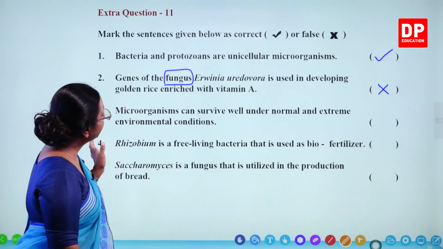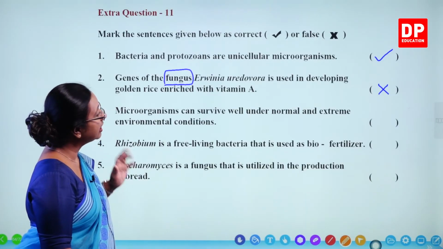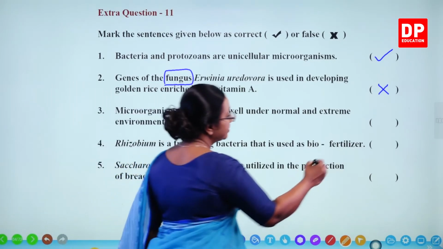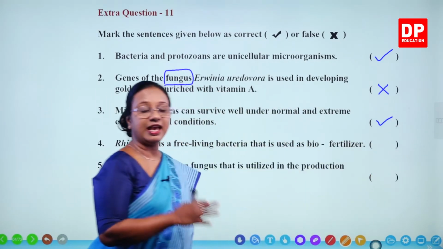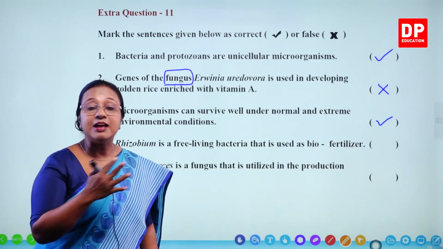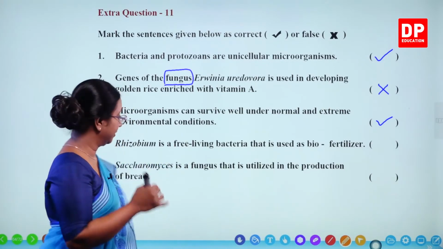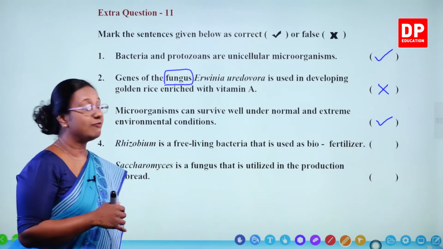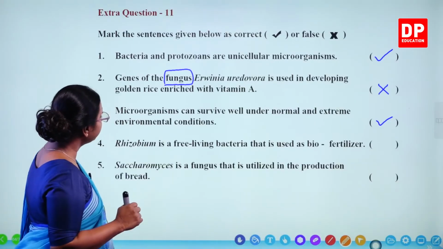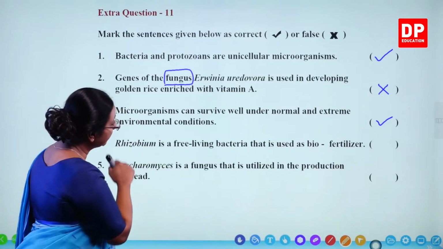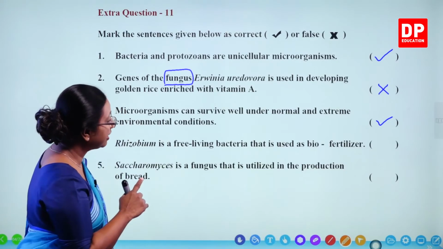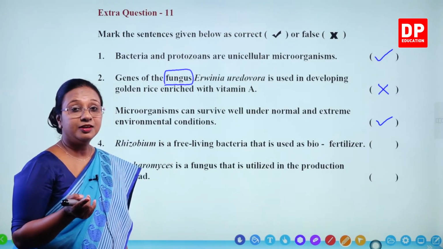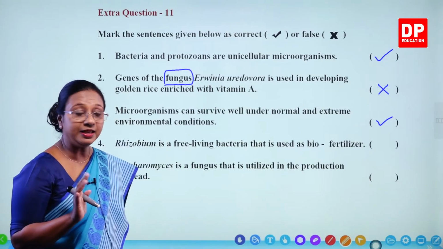Third one. Microorganisms can survive well under normal and extreme environmental conditions. That is correct. So, that is why we say they can basically survive in every environment of the earth. All the normal as well as hostile extreme environments. Then the fourth one. Rhizobium is a free-living bacteria that is used as biofertilizer. Is it correct? No, it's false. Why?